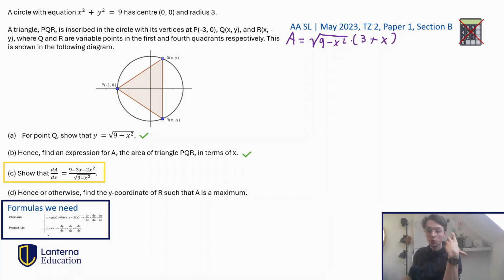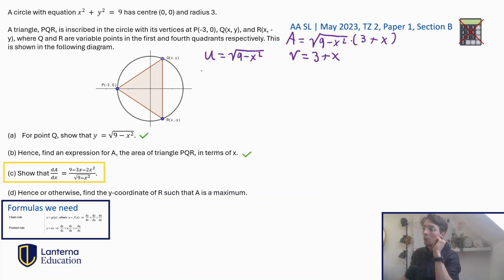So for the product rule, for some u times some v, it's the u times the v differentiated plus the v times the u differentiated. I'm sure you've seen this rule a million times before. Okay, so let's define u and v. I'll say u is the square root of 9 minus x squared. And then v, consequently, has to be 3 plus x.